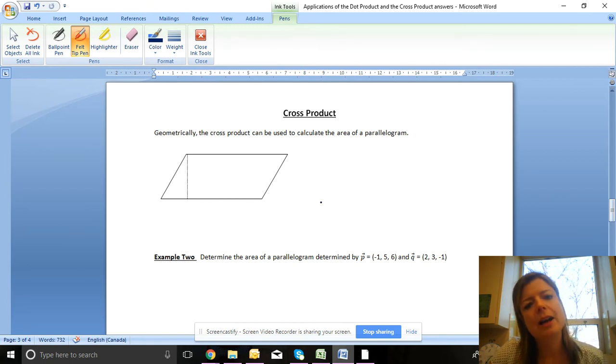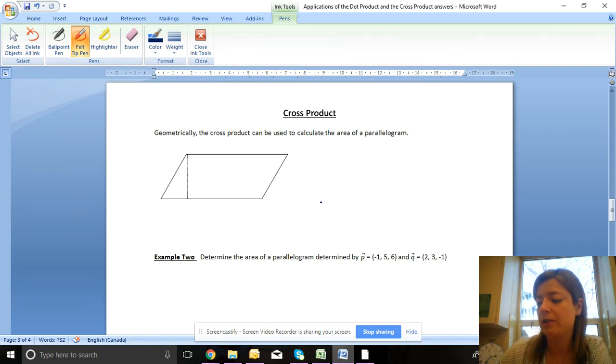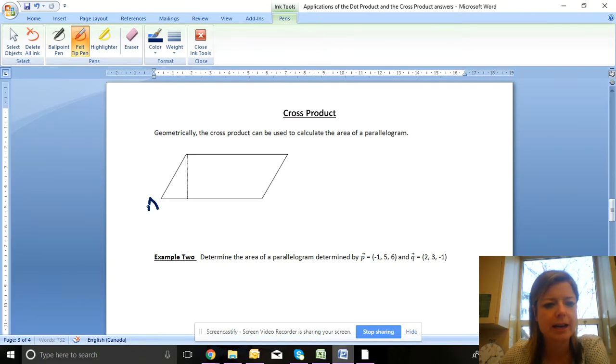So now we get on to an application of the cross product, which is not going to be intuitive to you, but if you want more information, I'll tell you where it is in the textbook. We don't need to actually go ahead and do this proof. But if we have a parallelogram, I will call this ABCD, and this is the height of the parallelogram. Let's say AB is a vector and AD is a vector.